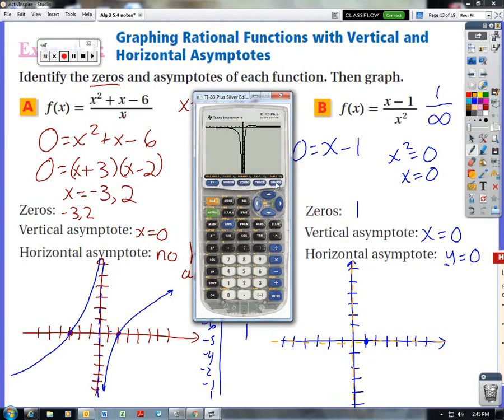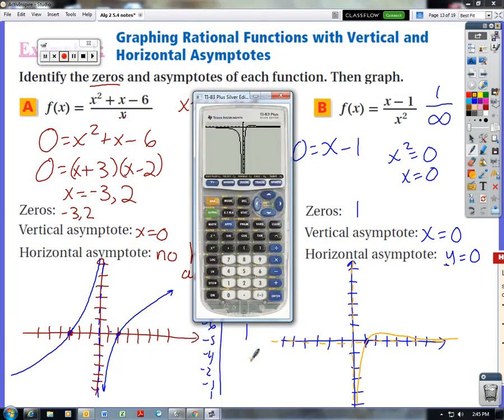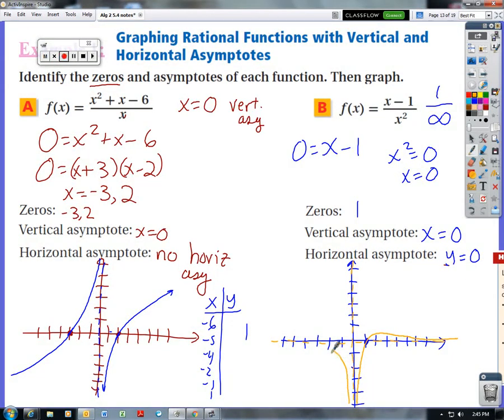What it's doing is coming up and crossing, but then it's going to have a max, it's going to maximize, and then it's going to drop back down again. So it's kind of going like that. And then I already forgot the other one, can you believe it? And then this one is just right in here. Well, they gave us a really interesting one. This is not a typical parent function, so I was not familiar with this particular one.